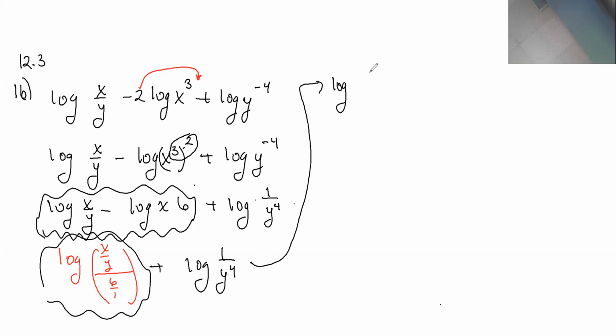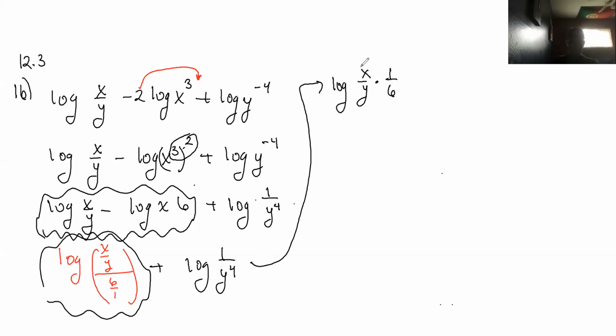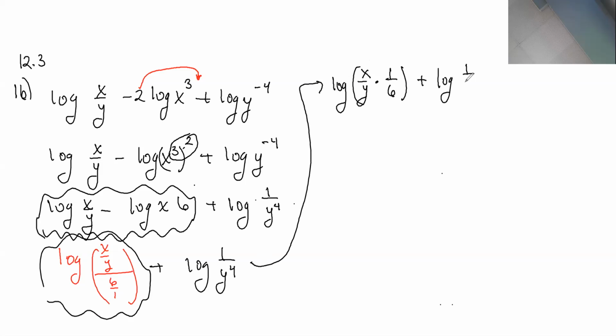So log of x over y times the reciprocal of 6 over 1, which is 1 over 6, plus log of 1 over y to the 4th. Log of x over 6y plus log of 1 over y to the 4th. Now we're going to bring those together using addition, using multiplication or division. Anyone?